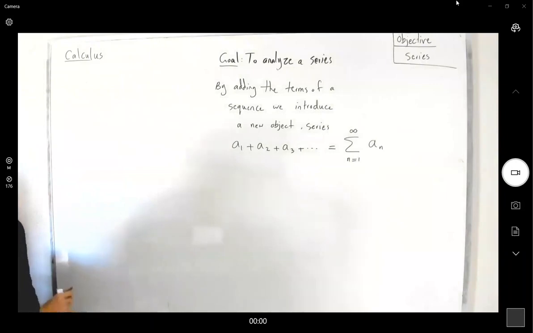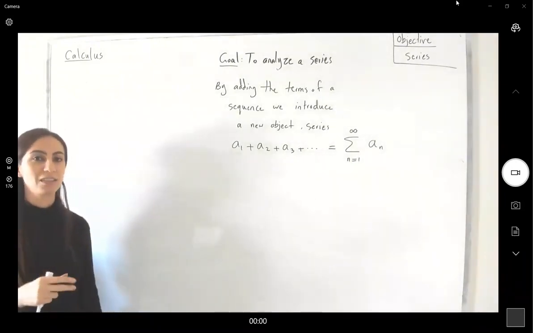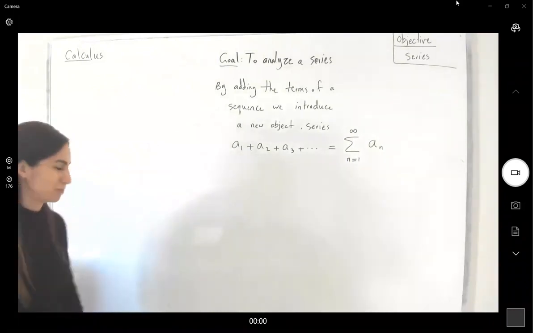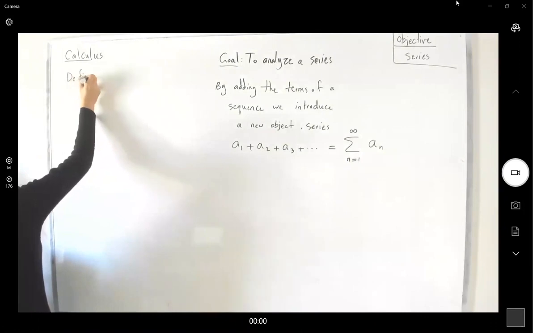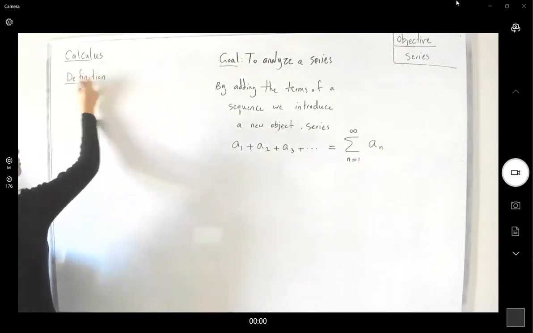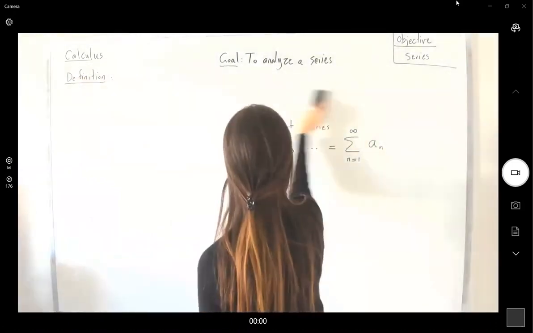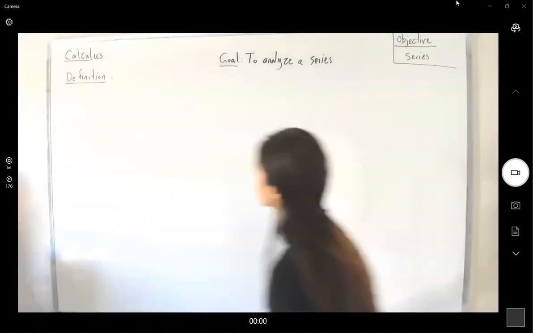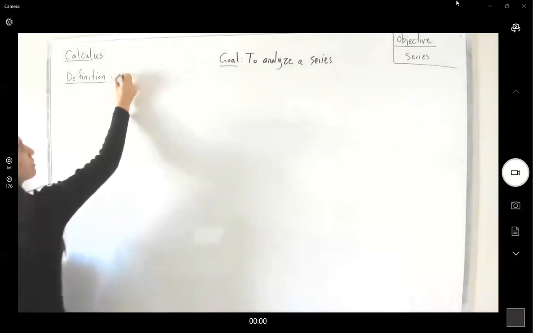Okay, to analyze a series, we need to define something new that we call the partial sum. Definition. Suppose we have a series.